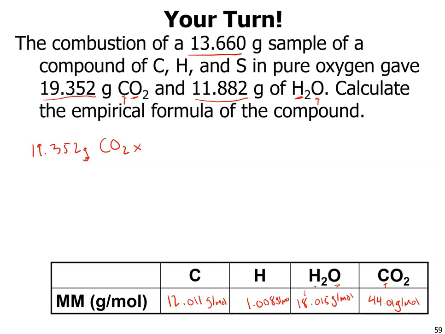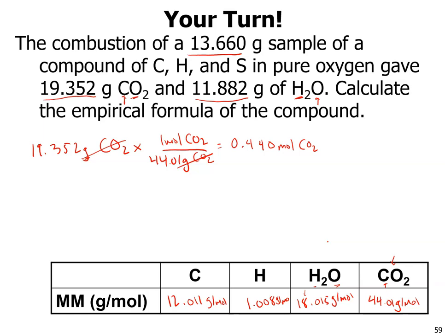And in order to do that, we use this molecular mass. And this is going to be 44.01 grams of CO2 per 1 mole of CO2. So the grams will cancel out of CO2, and then we'll be left with moles of CO2. So I'm going to calculate this. When I put this into my calculator, I get 0.440. And my units are moles of CO2.